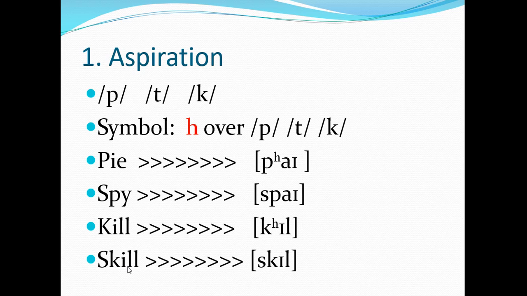But in this case, we cannot apply that rule because the k sound is in the middle of the word. Always remember that in order to apply the rule or not. This is the aspiration rule, one of the most important phonological rules.